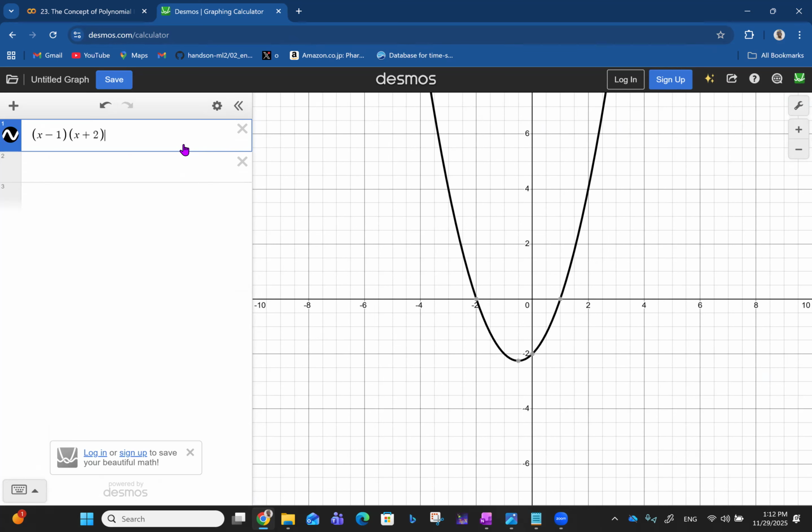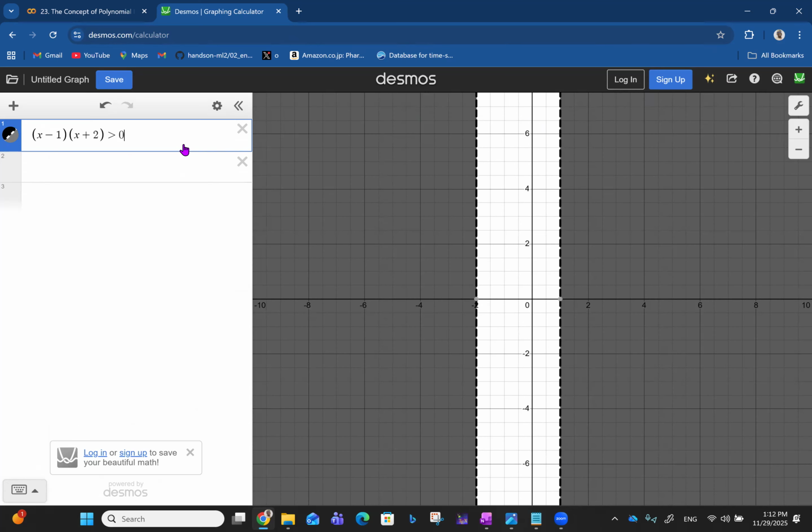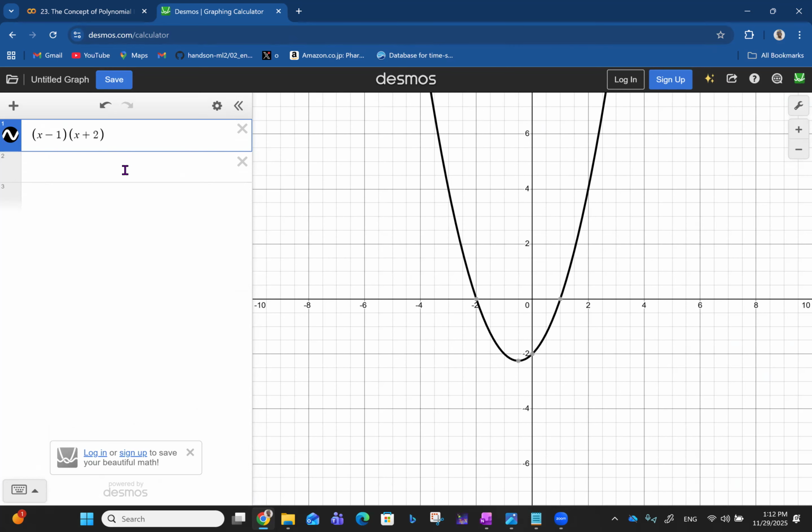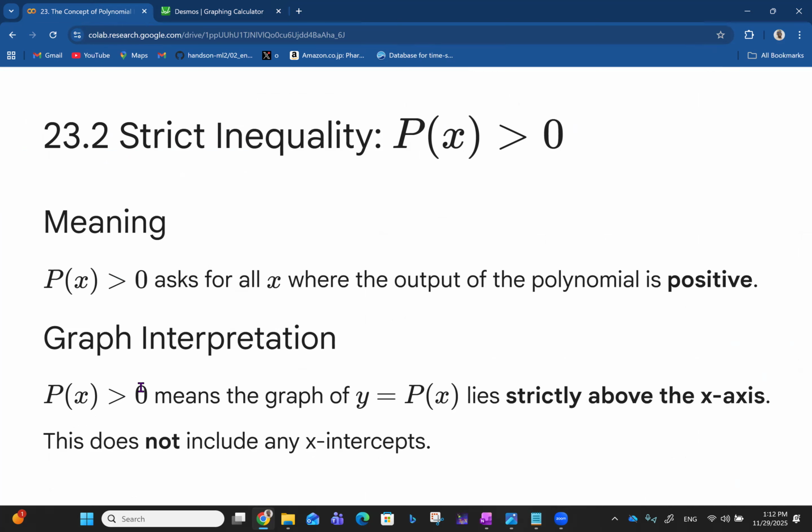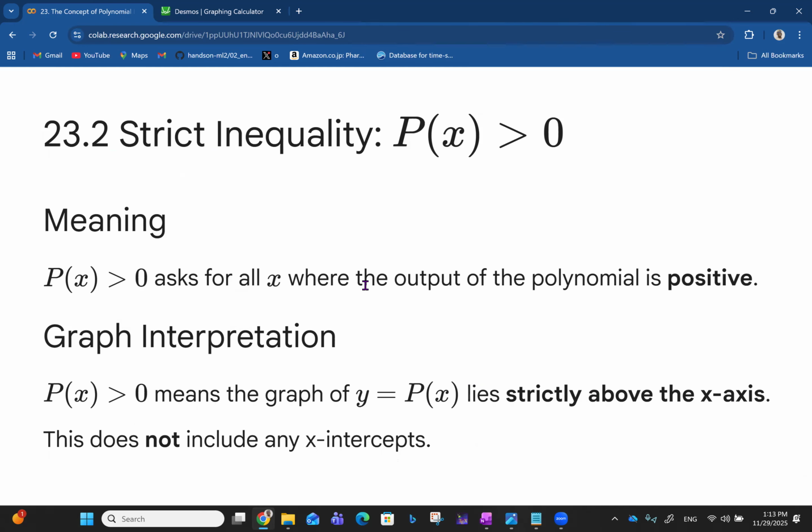What if this now is greater than 0? So we have x minus 1 into x plus 2, and we have these ones right here. So graph interpretation, like we said, P of X greater than 0 means the graph lies strictly above the X-axis. This does not include any X-intercept, like we said already.